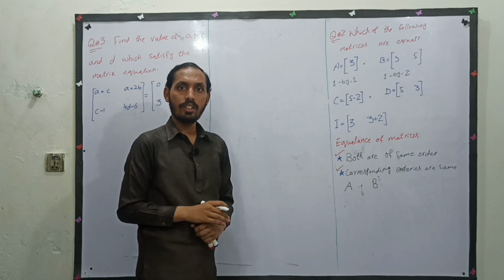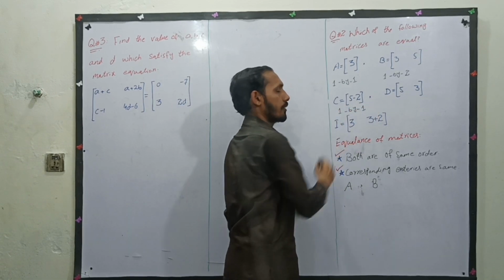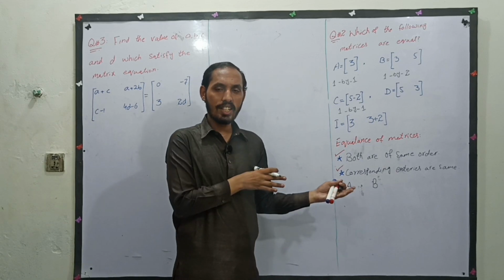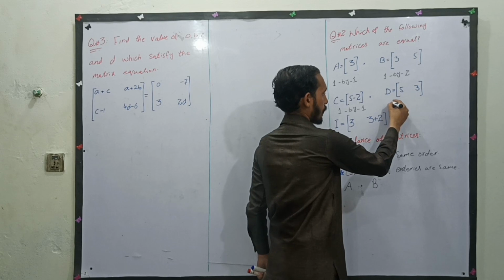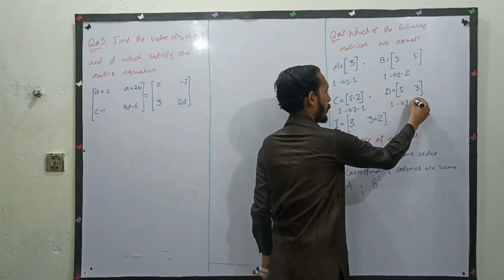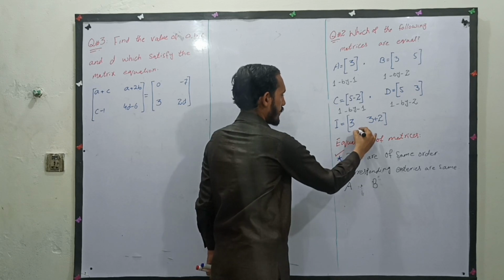For the third, C, the order of C is 1 by 1. We have already learned checking order in question 1. Order of D is 1 by 2.